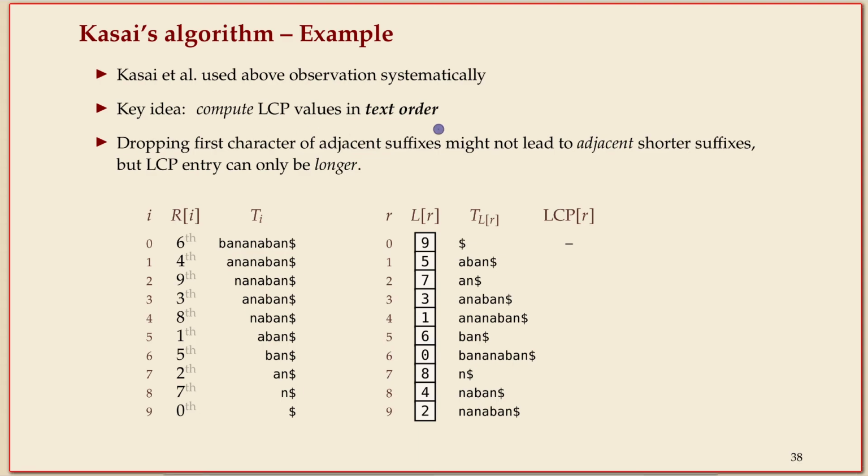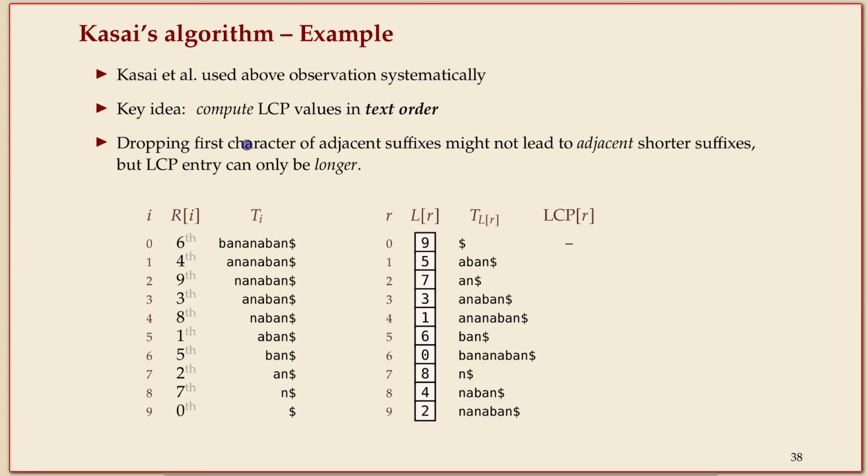So we'll try to compute the LCP values in text order. That's why I have our favorite picture here again. In text order means I'm trying to compute the LCP values corresponding to the suffixes top down on the left, but I will jump around in the actual LCP array on the right while I'm doing that.